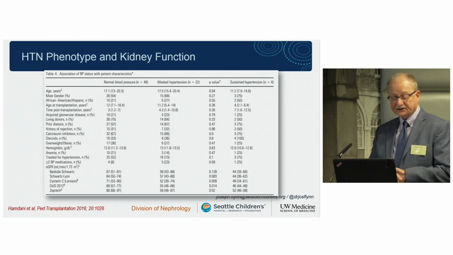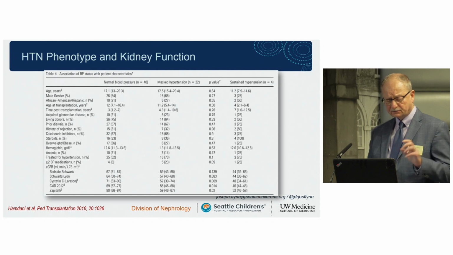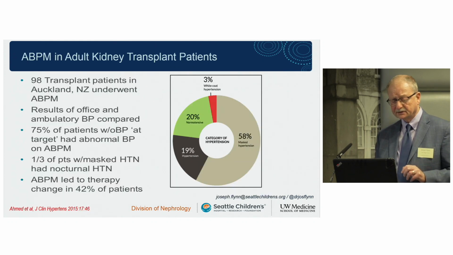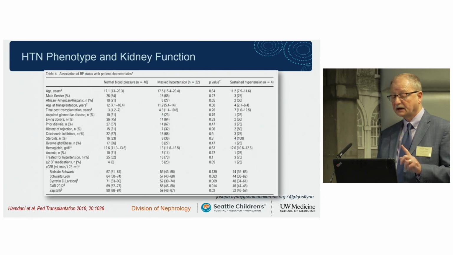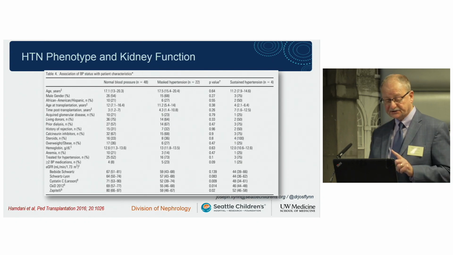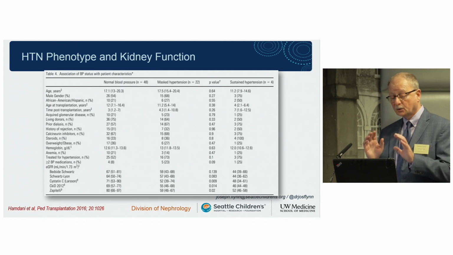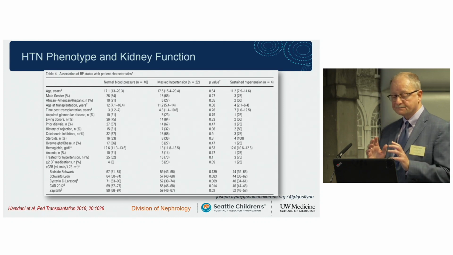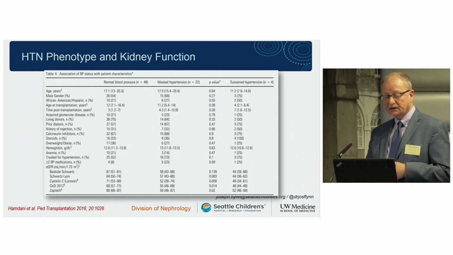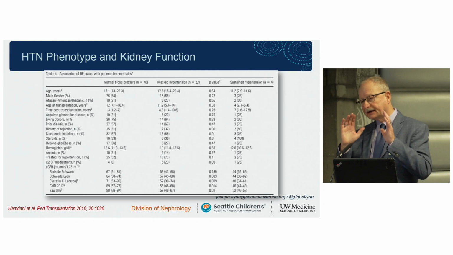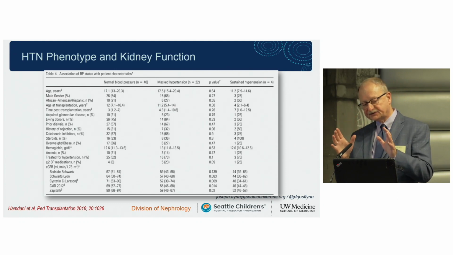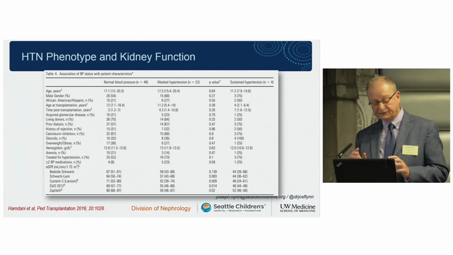Now, here is again some data from the group. This is a single center study, I think from Cincinnati, where they looked at blood pressure status in their transplant patients and looked at ABPM blood pressure phenotype and then kidney function.